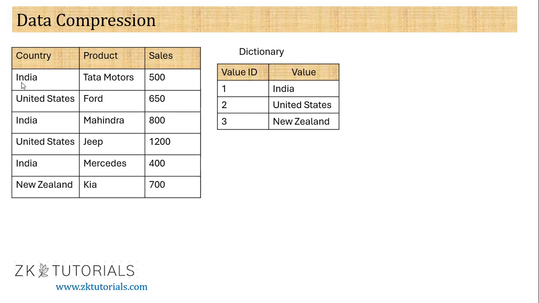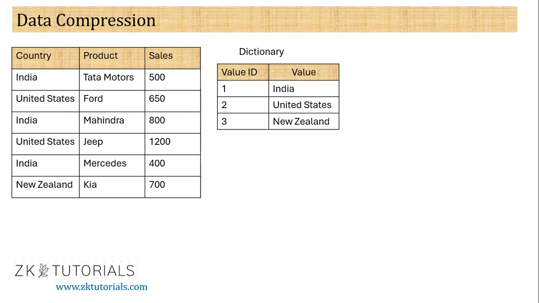For example, here you can see 1, 2, 3. For India, it has given the value ID 1. For United States, it has given value ID 2. For New Zealand, it has given value ID 3. When we save this data into the database, instead of saving the actual values like India, United States, New Zealand, we will save only the value IDs corresponding to those values.